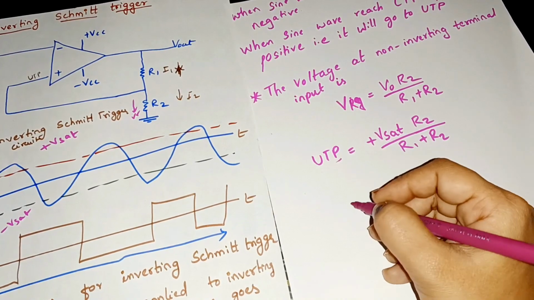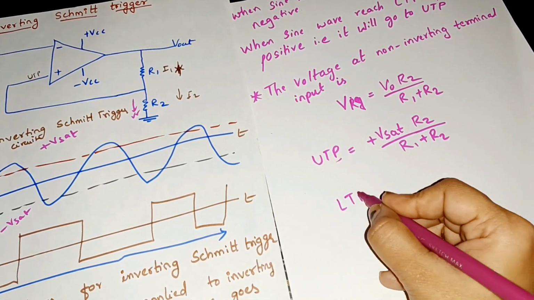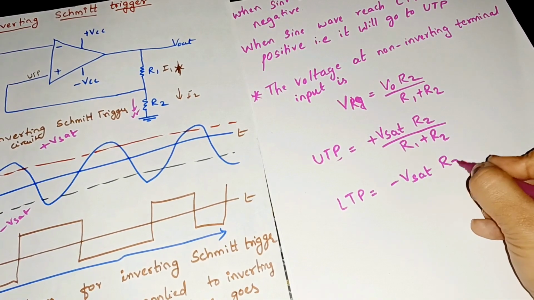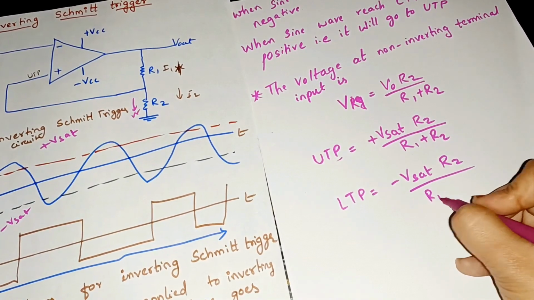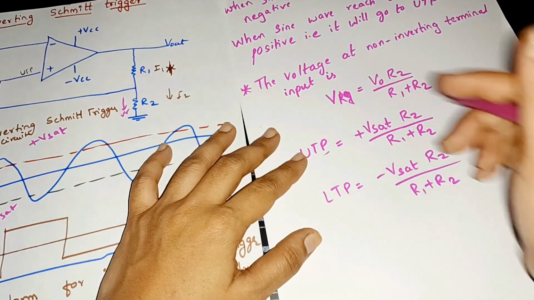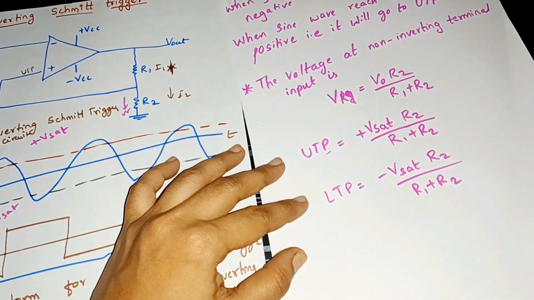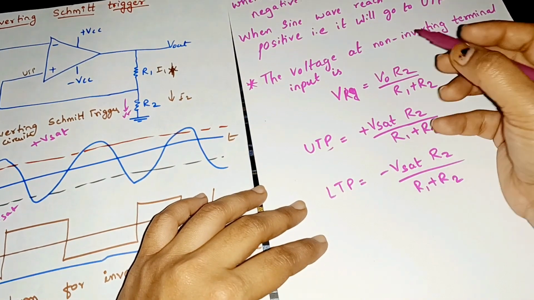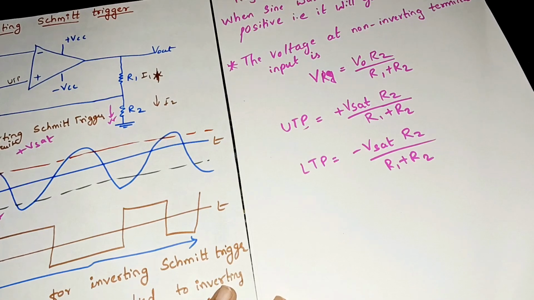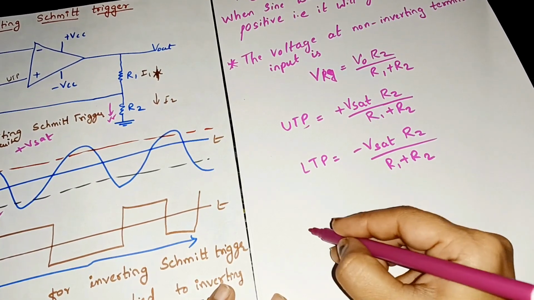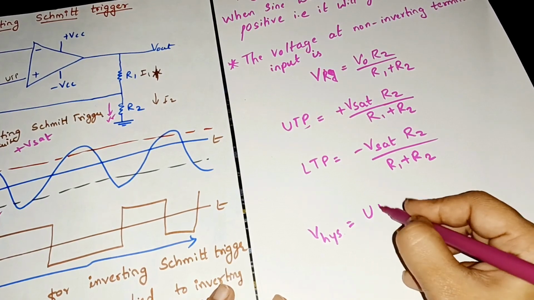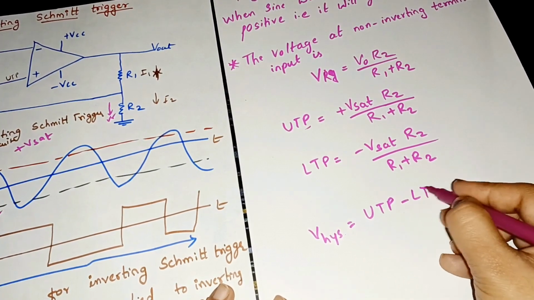Next, LTP equals minus Vsat into R2 divided by R1 plus R2. One more thing we know is that the hysteresis voltage is UTP minus LTP.